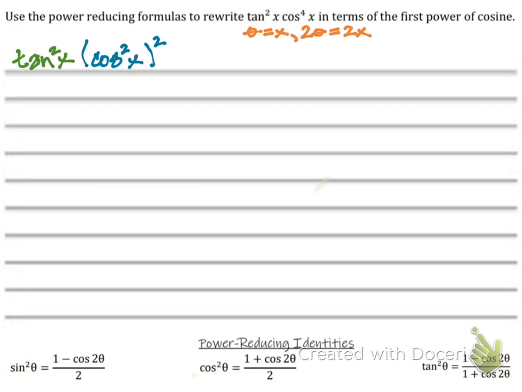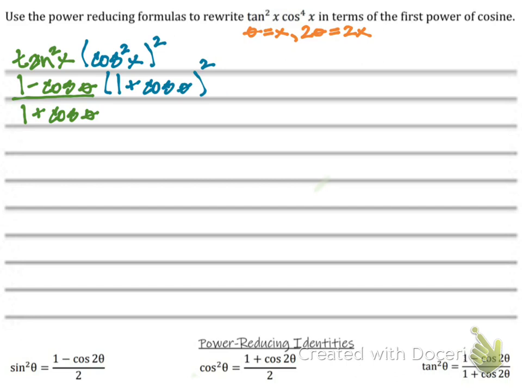All right, so tangent squared is 1 minus cosine theta over 1 plus cosine theta times 1 plus cosine theta squared. But we don't need to square it, right?